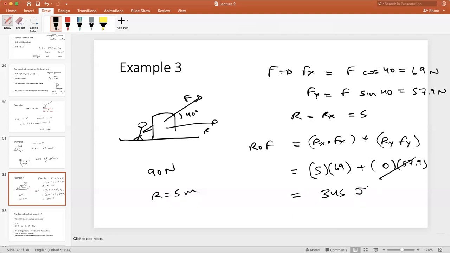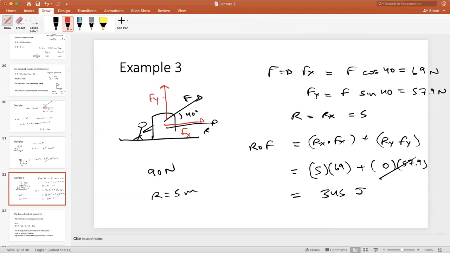This would actually be joules, it's energy, but you don't need to know that at this point. So basically, only the part of the force in the direction that you're pushing the block, or in the direction that the block is traveling, does work. Part of this force is parallel to the direction of travel, and part of it is perpendicular.